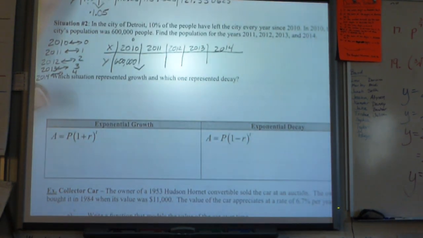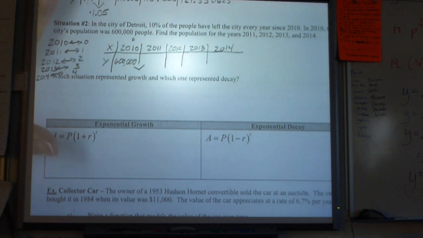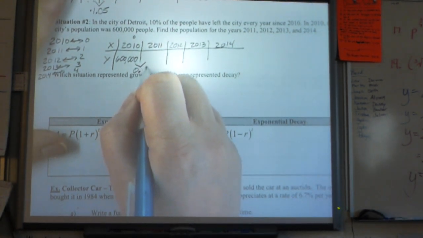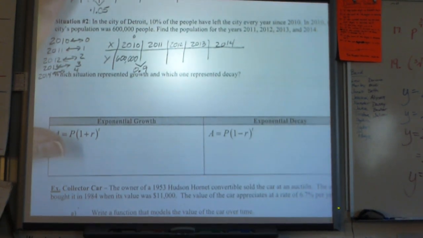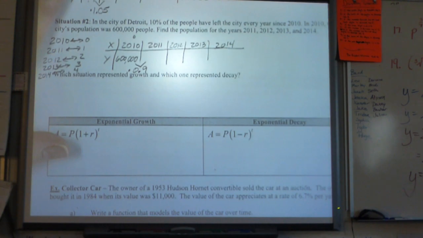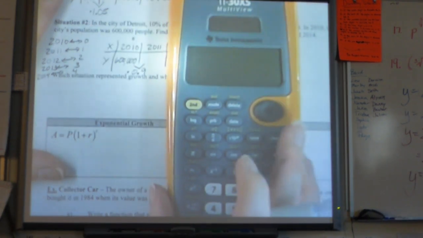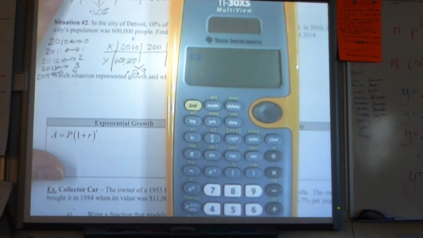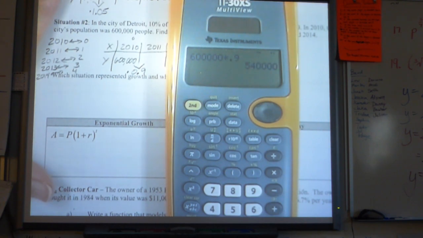In my calculator, 90%, 90 per 100, 90 hundredths, so that's 0.9. So I'm multiplying by 0.9. So 600,000 people times 90%, times 0.9, leaves us with 540,000 people.